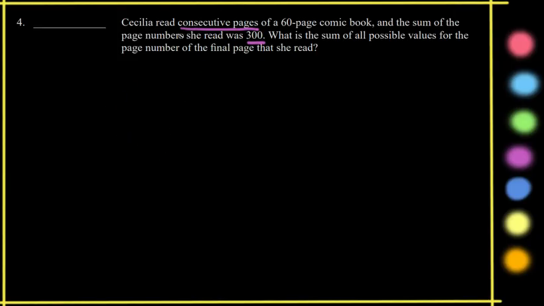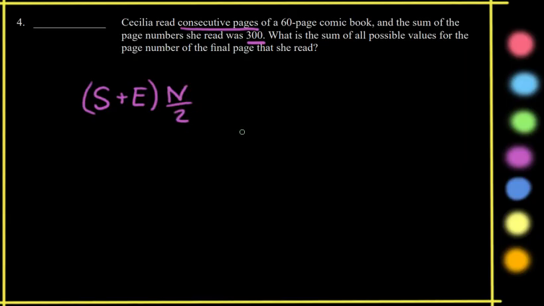So when you read consecutive pages, if you want to sum up those page numbers, basically you're summing an arithmetic series, and whenever you're summing consecutive integers at least, the sum is going to be equal to the starting integer plus the ending integer times the number of integers divided by 2.